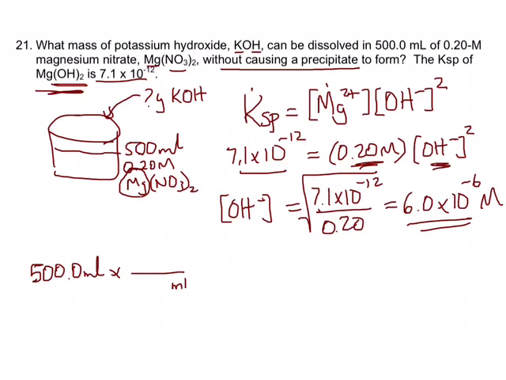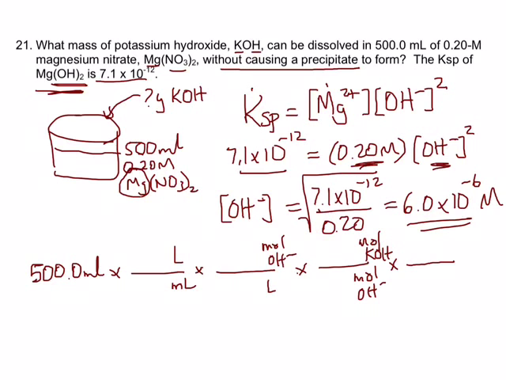We'll convert milliliters to liters, and now we'll use that concentration to convert liters to moles of hydroxide. But we're not really adding hydroxide, we're adding potassium hydroxide. So we'll get rid of moles of hydroxide and put in moles of KOH instead. But the question didn't want the moles, it wanted the mass. So we'll get rid of moles and we'll switch to grams of KOH.